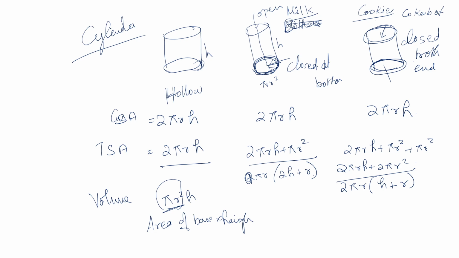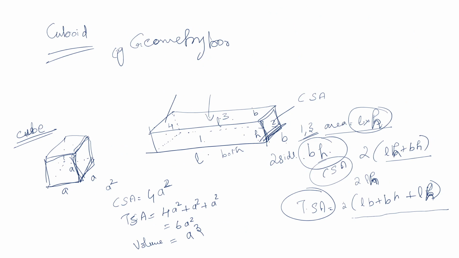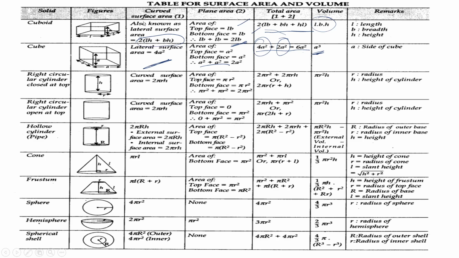So next one, is this clear? Next is what shape we can see. See here, it is given: closed at top, open at top, hollow cylinder, pipes. In the hollow cylinder, it can be simply one layer or it can be double layer also.